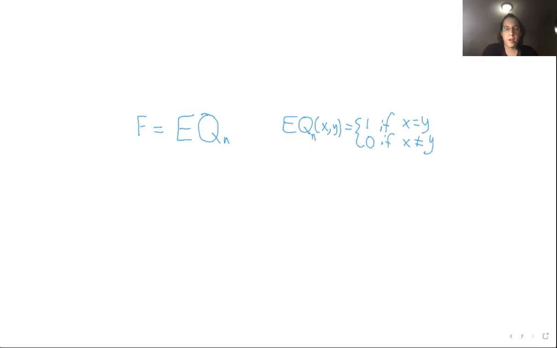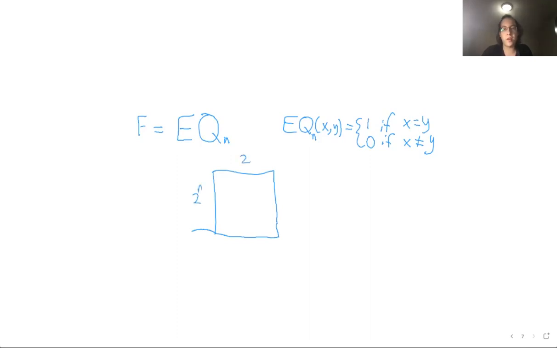Okay, so what is the communication matrix for equality? Here Alice and Bob get strings. We want to know if they got the same string or different strings. So what is the communication matrix here? Well, first of all, the rows are indexed by x. There's 2 to the n different values of x and 2 to the n different values of y.